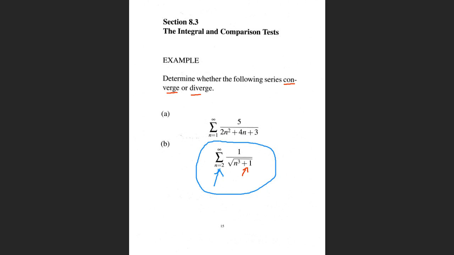If we were to expand the series out, if I wanted to write down just a few terms of the series, n equals 2 is the first value of n, so you'd have 1 over the square root of 9, because 9 is 2 cubed plus 1.